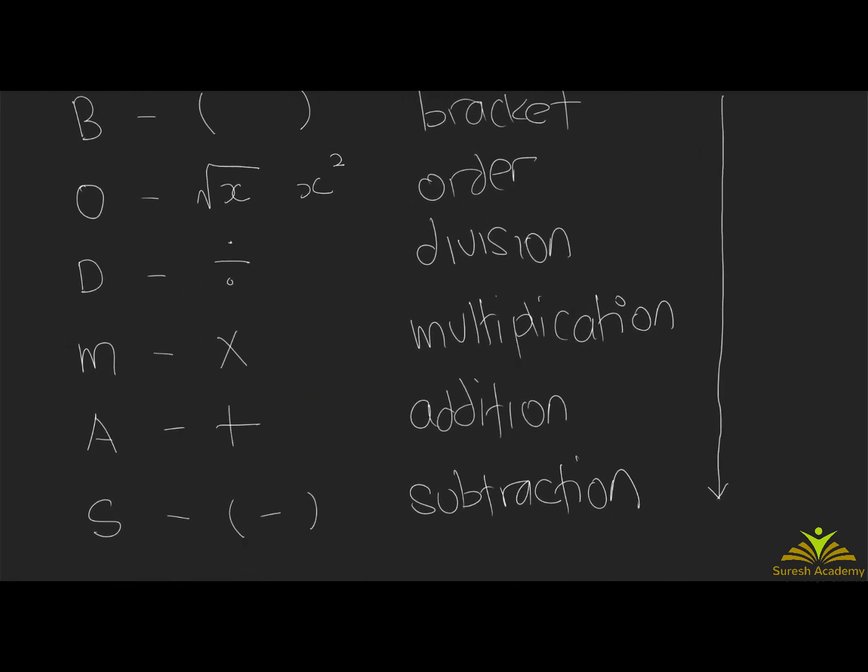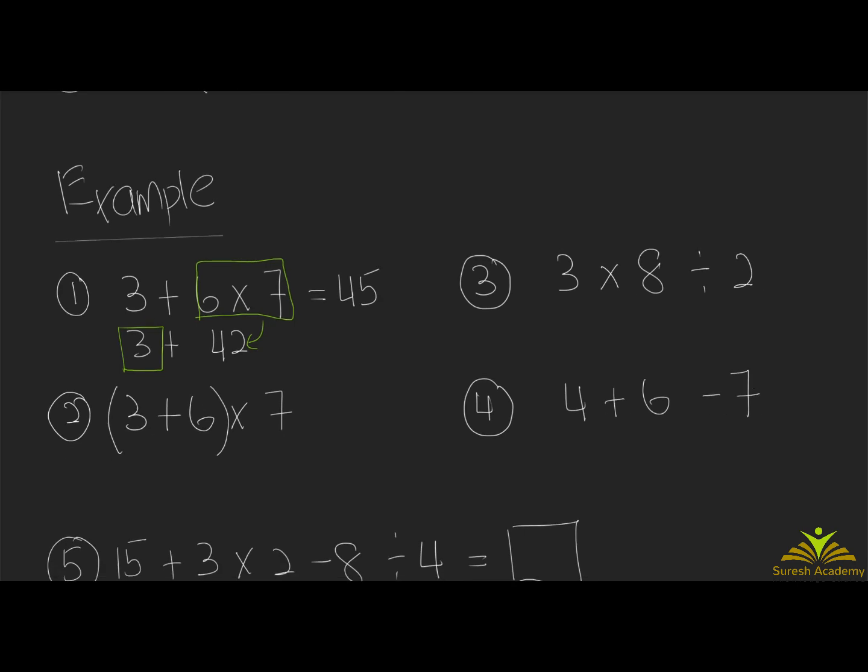The BODMAS order says multiplication comes before addition. So I have to solve any expression involving multiplication before I solve anything with addition. Based on this rule, I multiplied 6 and 7 and got the product, which is 42, and then I added 3, which gave me 45.